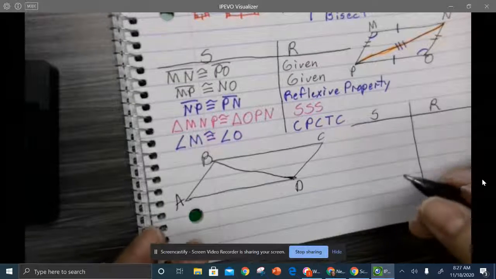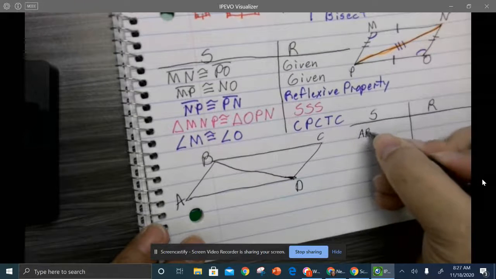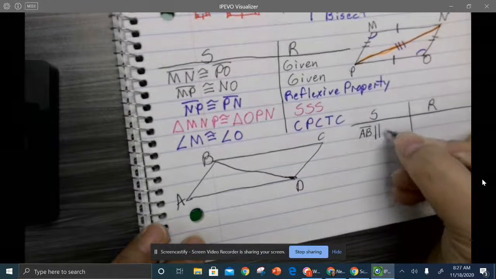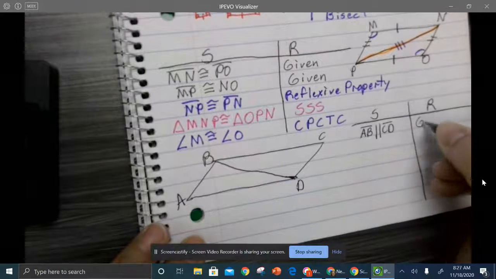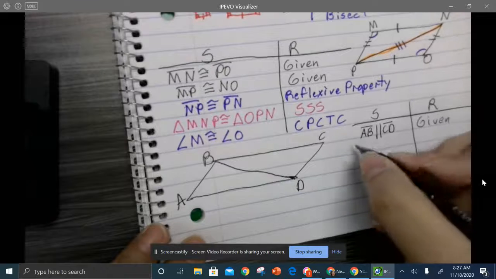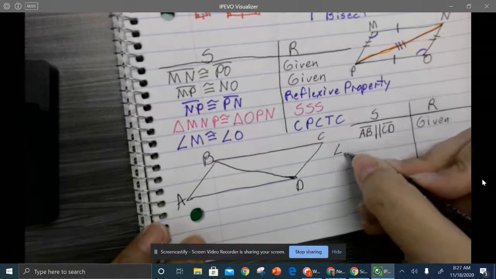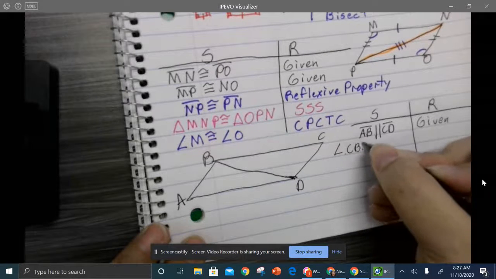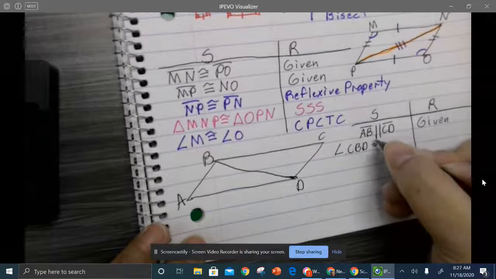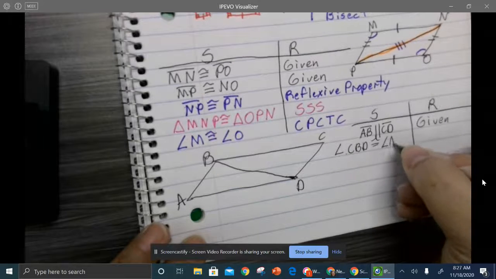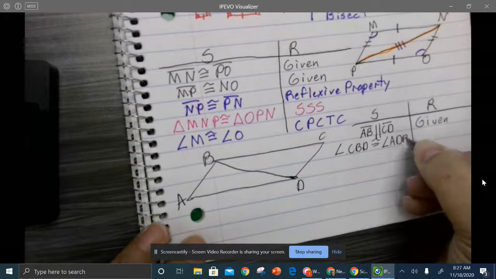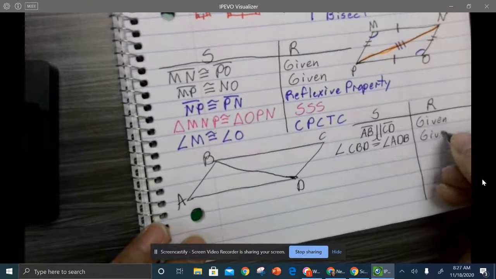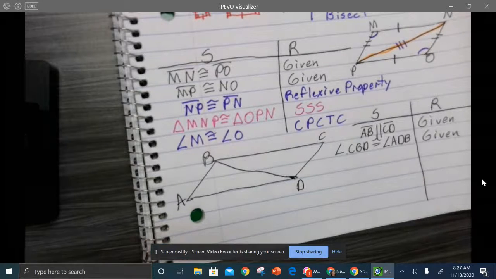We are given that side AB is parallel to side CD. That is given. And angle CBD is congruent to angle ADB. That is given. So we're going to mark it on here.